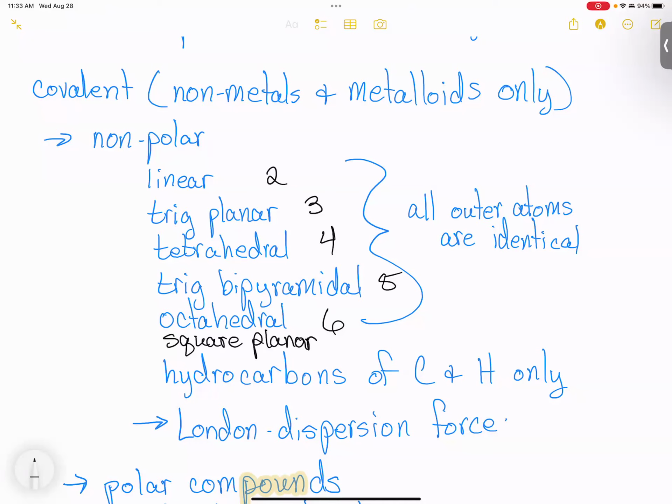Other questions? Yes. So it says that all the other atoms have to be identical. So if it was like hydrogen in the middle and like 3 carbon and like 3 sulfur, it wouldn't be non-polar, it'd be polar.